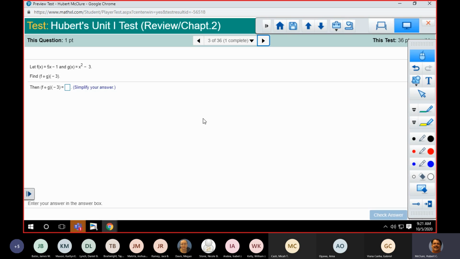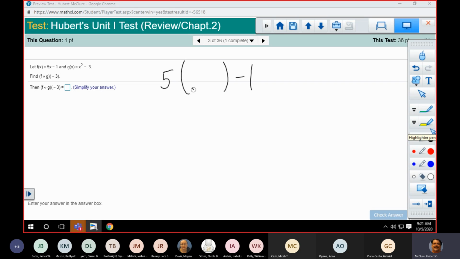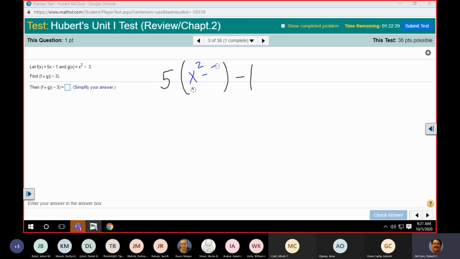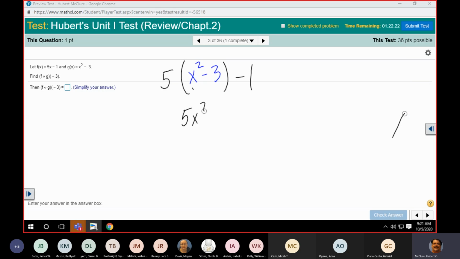F composed of g means I'm going to rewrite f with a big set of what? Big set of parentheses. And what am I going to plug into that big set of parentheses? I'm going to plug in x squared minus 3. And my final answer is going to be 5x squared minus 15 minus 1, 5x squared minus 16.